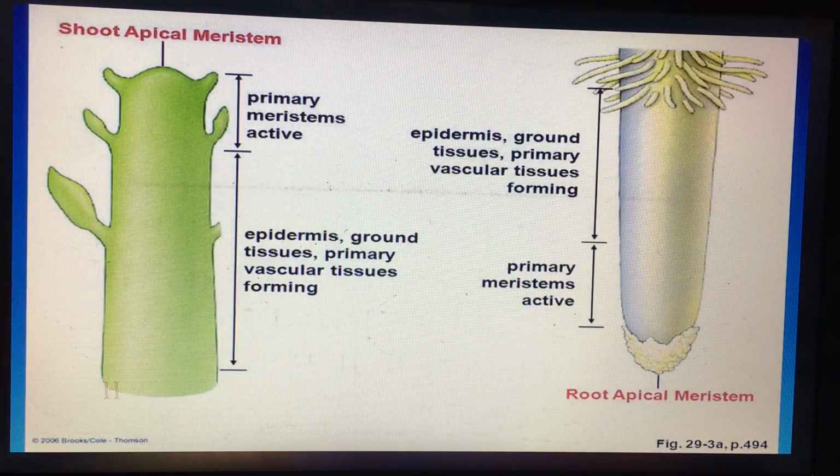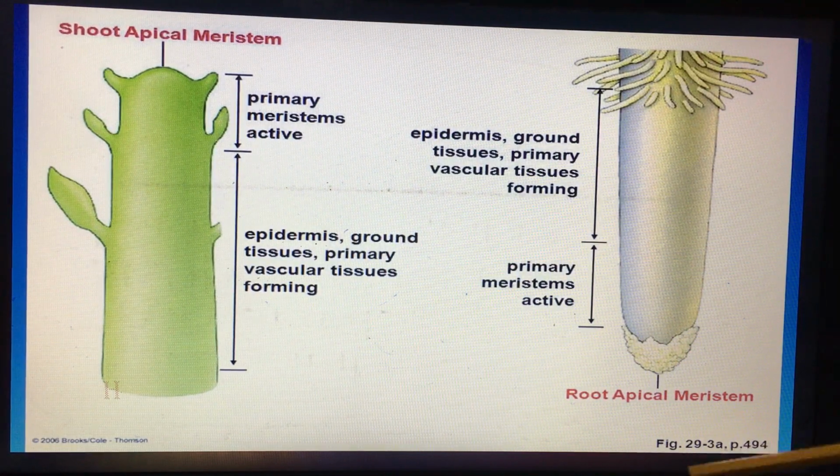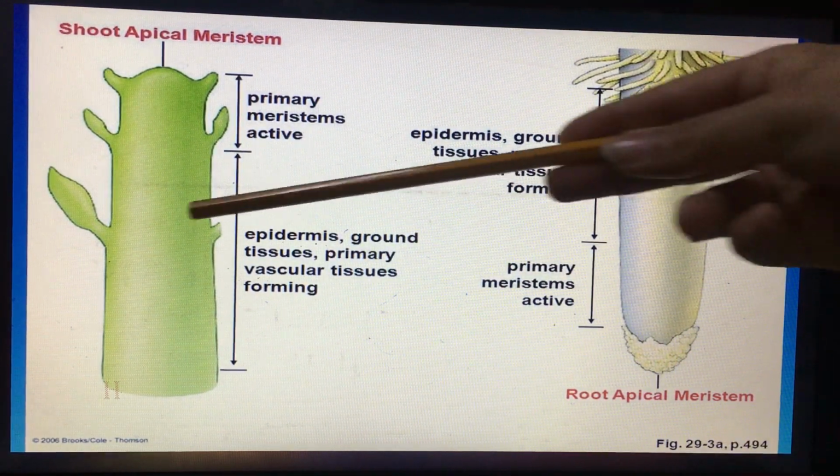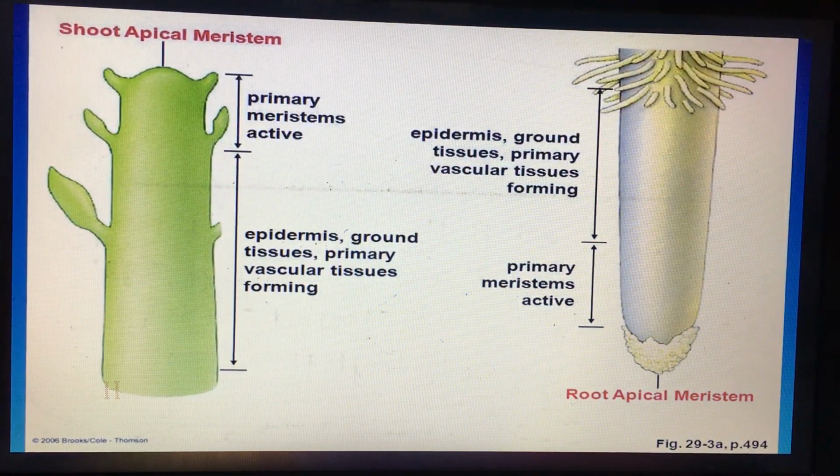So the division of meristem leads to an increase in length, increasing length in roots and also increasing length in shoots. So here we have finished the first type of cell division.